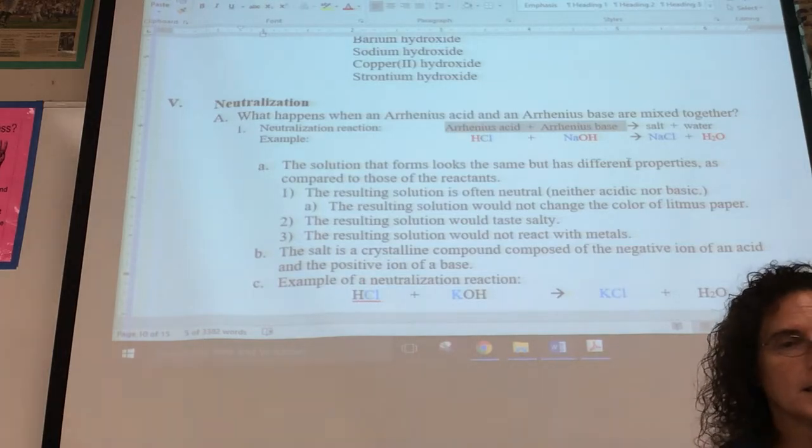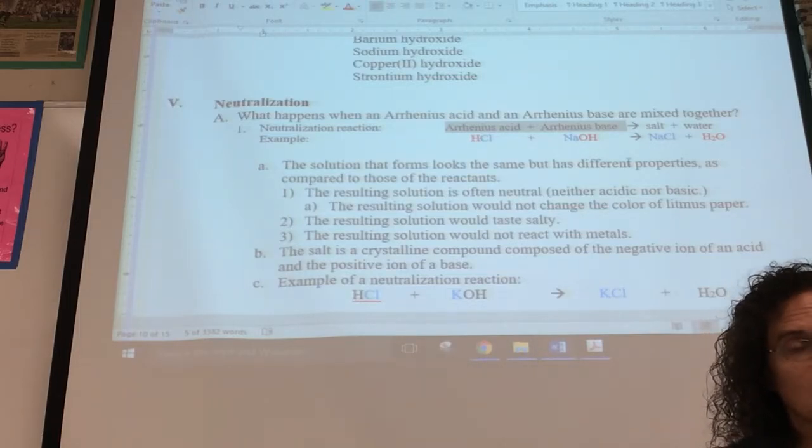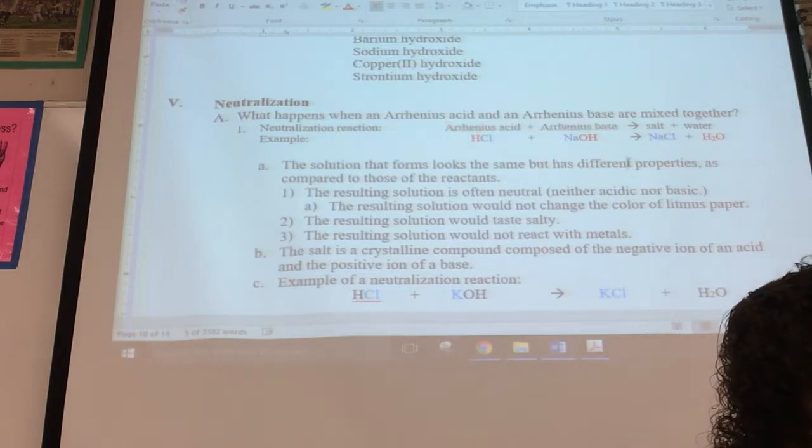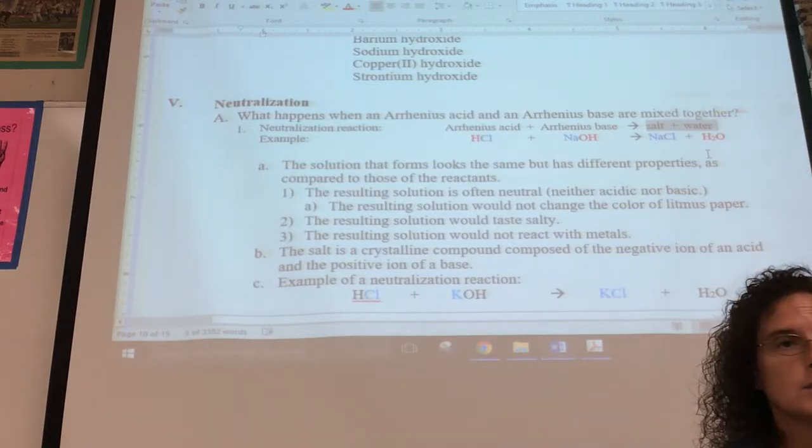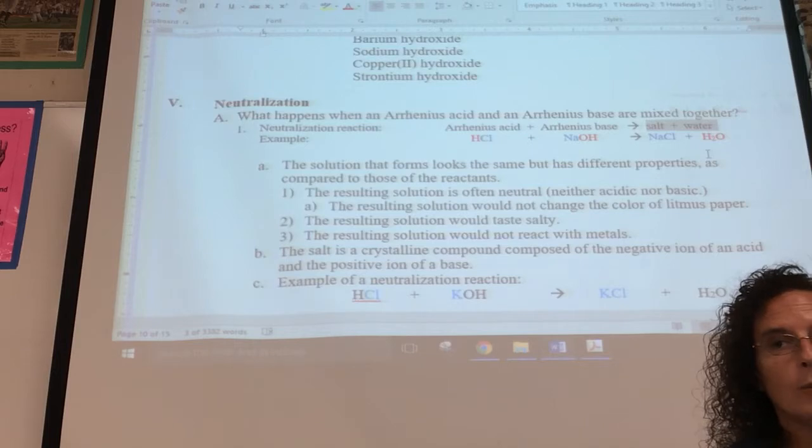You learned about this at the very beginning of the third 9 weeks, and that's where your semester exam begins in terms of content. What you always get when you react Arrhenius acids with Arrhenius bases is salt and water.